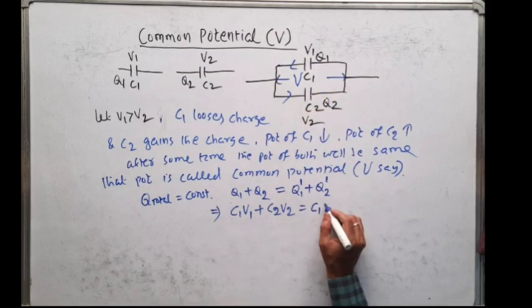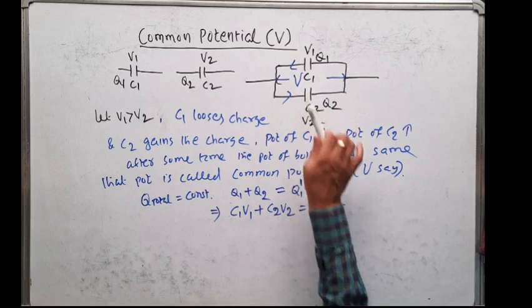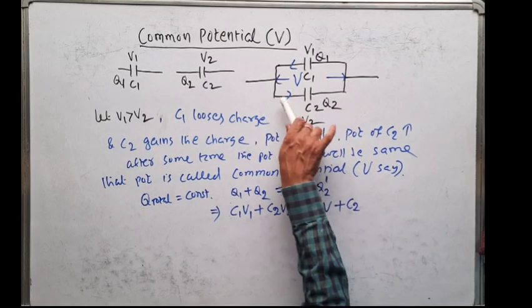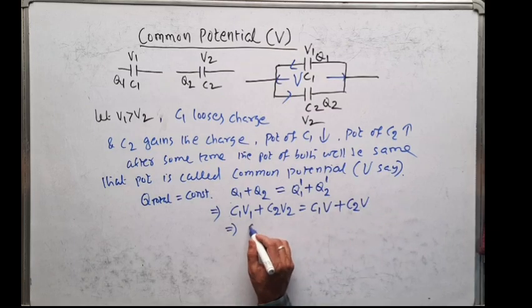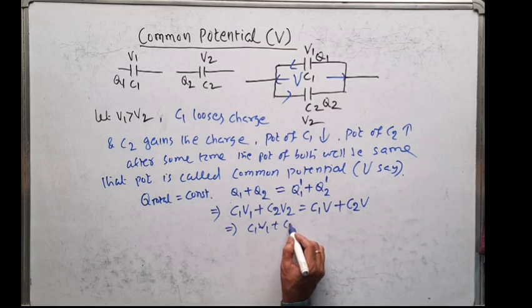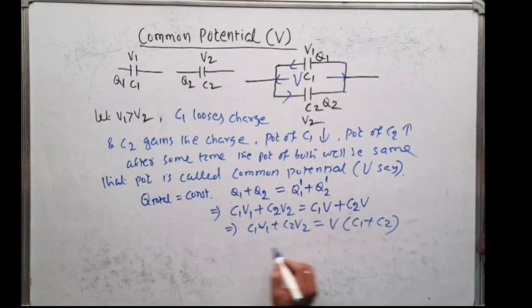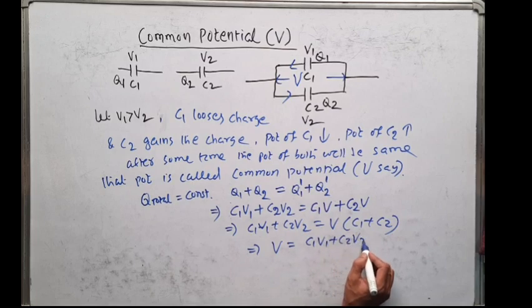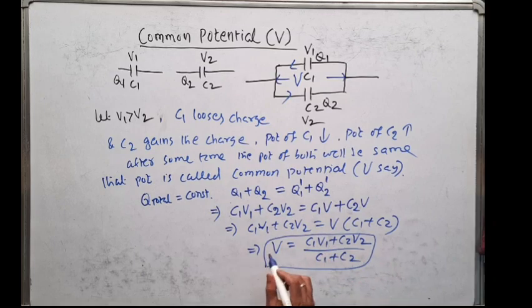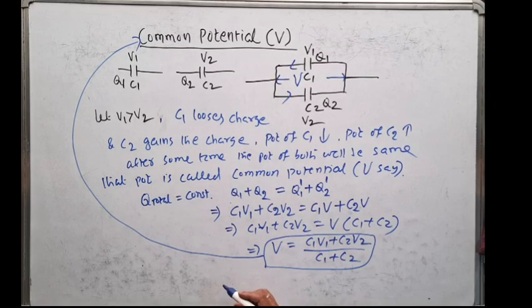So C1 into the common potential V, plus C2 into V. So from this I can say C1 V1 plus C2 V2 is equal to, taking V common, V into C1 plus C2. So that implies V is equal to C1 V1 plus C2 V2 divided by C1 plus C2. This is the formula of common potential.